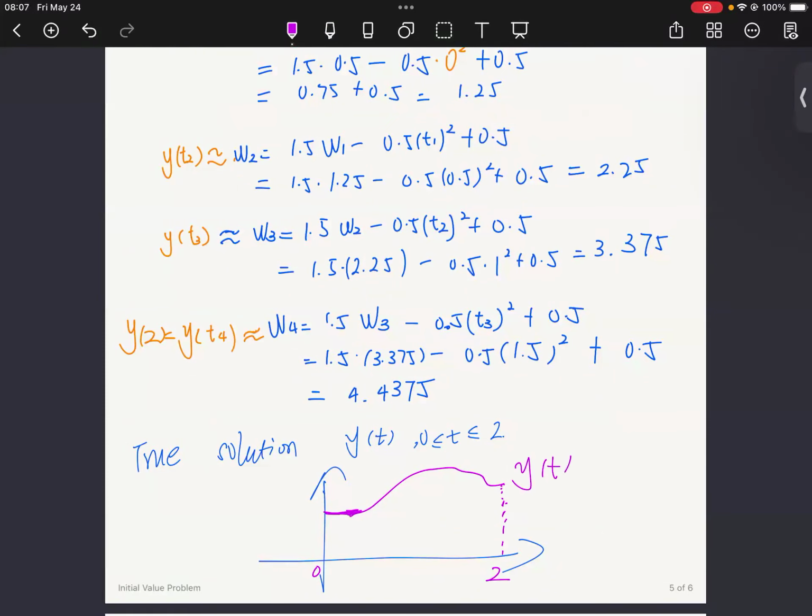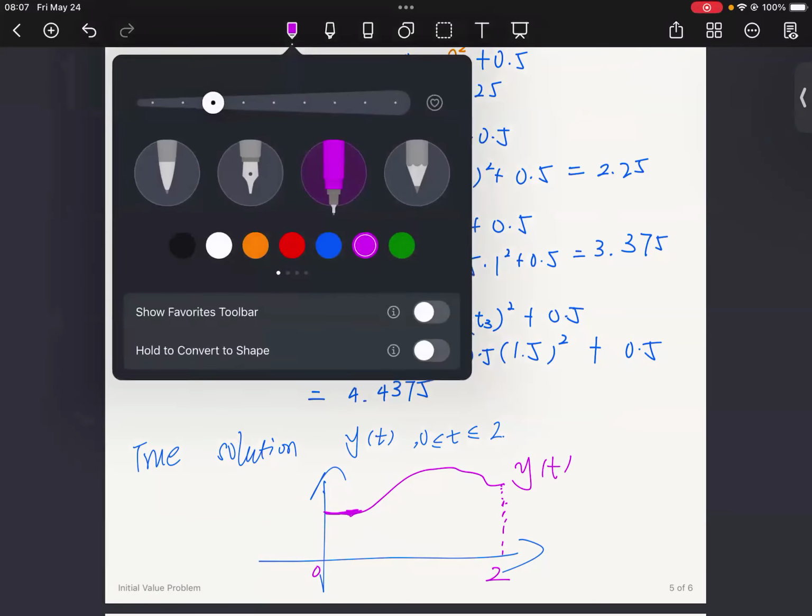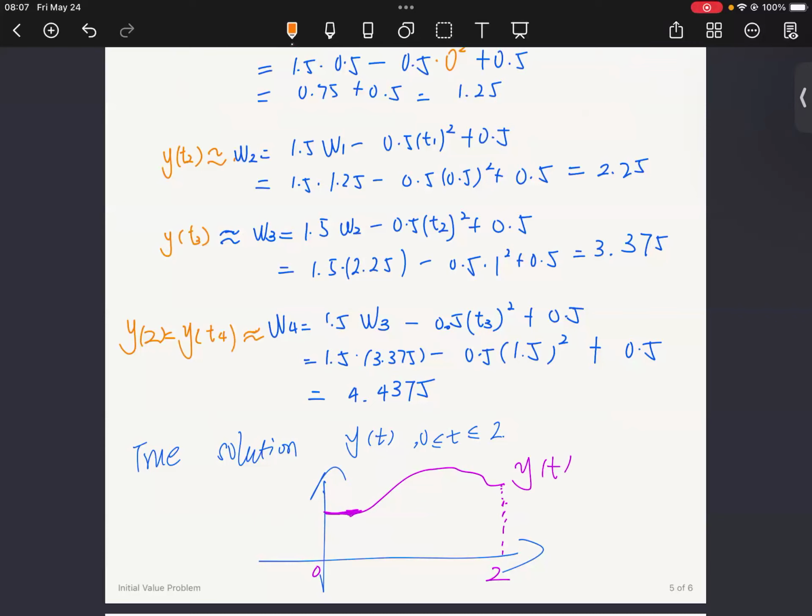And what you calculate is W0, W1, W2, W3, and W4. They are just some approximation values. So there are some nodal points here, 0, 0.5, 1, and 1.5.